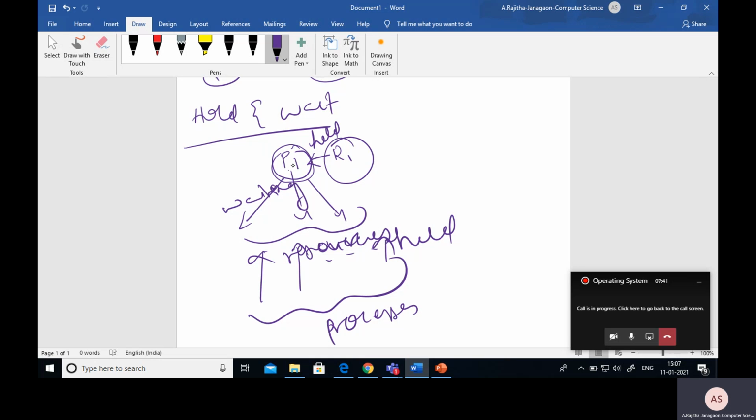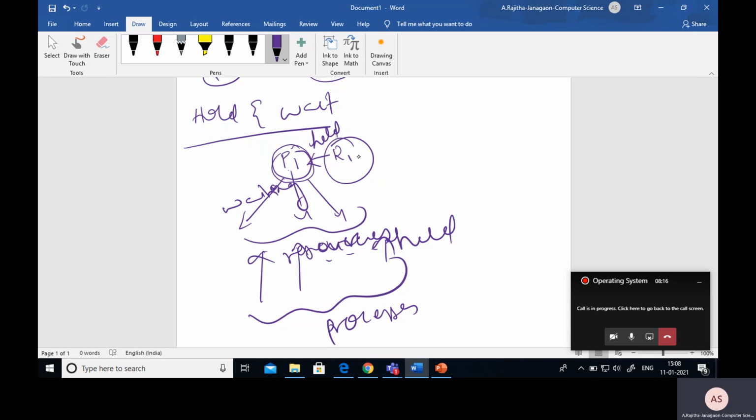When those processes release all these resources, only then are they available to P1. But here P1 holds at least one resource and is waiting for the remaining resources. It can hold any number of resources, but here we are saying a minimum of one resource.